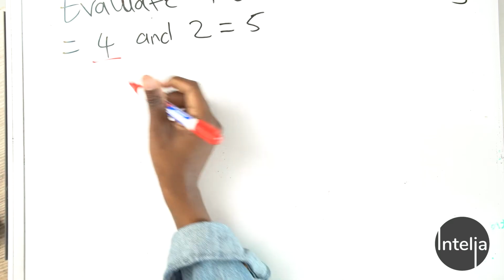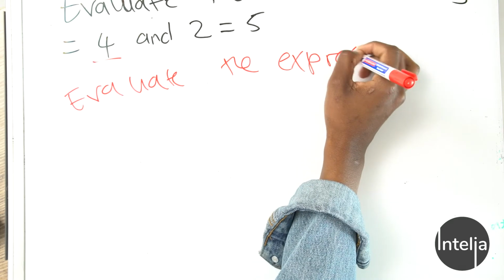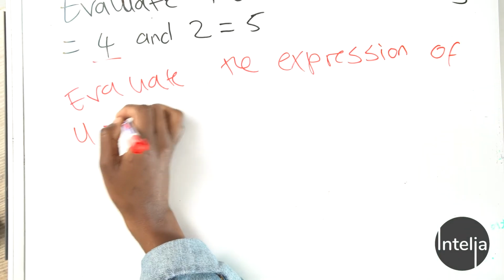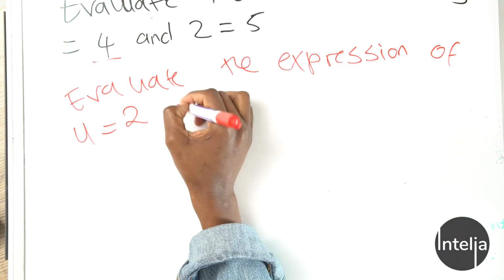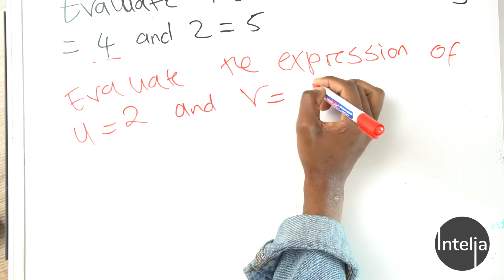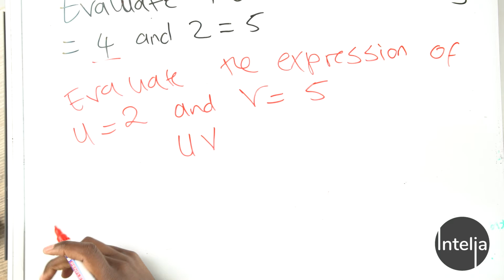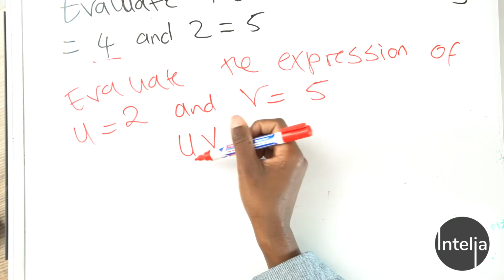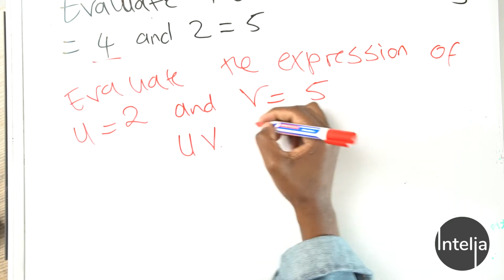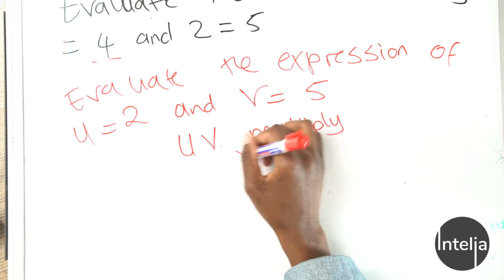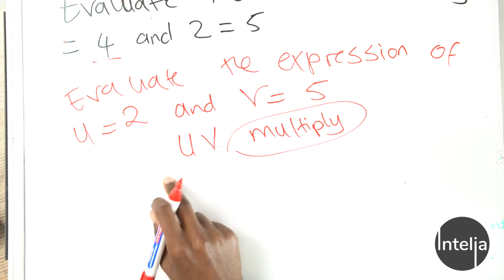The next one, it says evaluate the expression of u equals 2 and v equals 5, and then it says uv. So our keyword here is uv. Uv, we said uv like this, it simply means you have to multiply. You are multiplying a u and a v.